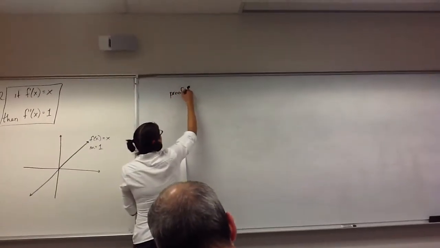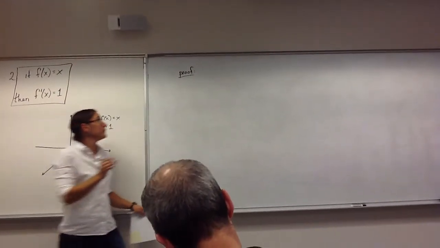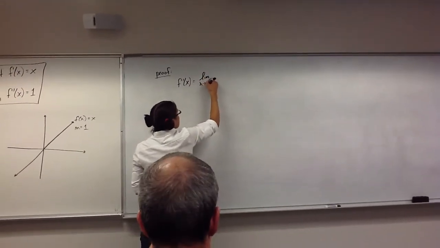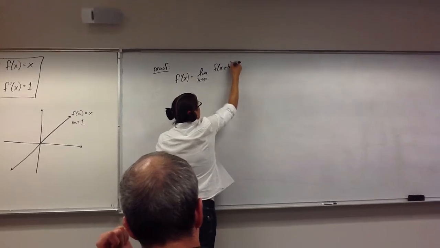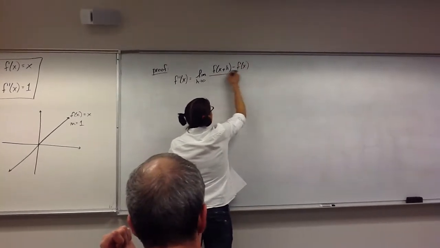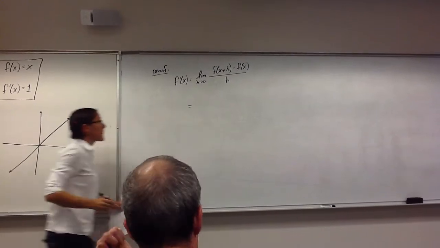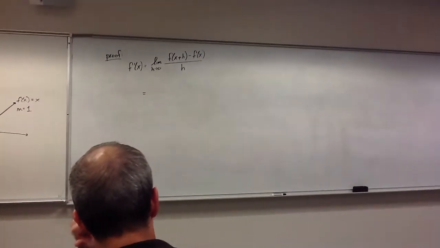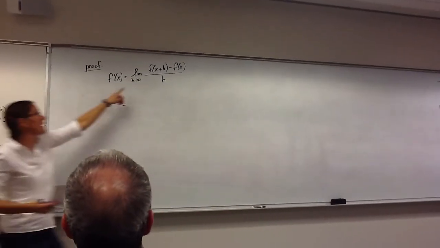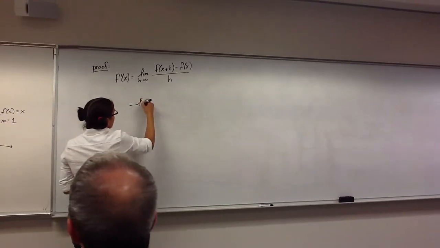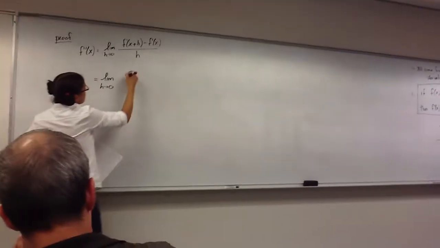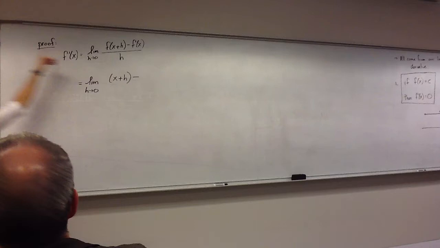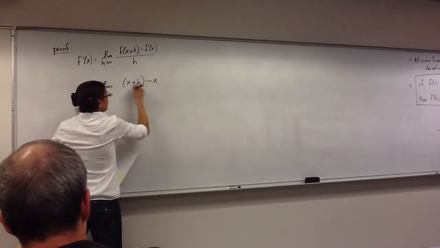And so our proof that this statement is true is f prime of x is equal to the limit as h goes to 0 of f of x plus h minus f of x all over h. Our original function is f of x equals x, so everywhere I see an x in the original one, I'm going to replace that with an x plus h. So we've got the limit as h goes to 0 of x plus h minus f of x, which is x, all over h.